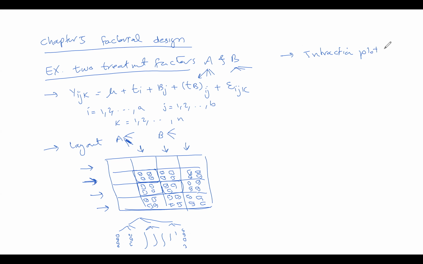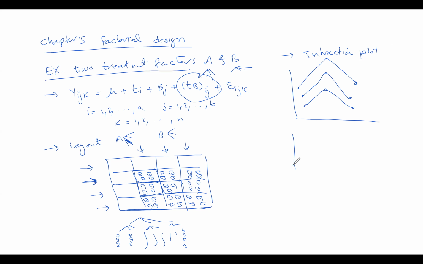And we covered in this chapter the interaction plot to see if there is some interaction or not, because we included the interaction in the model. So you can test the interaction in the ANOVA table, or you can look at the interaction plots. If the interaction plots are parallel, or the lines are parallel, like this one, it means there is no interaction between the two treatment factors.